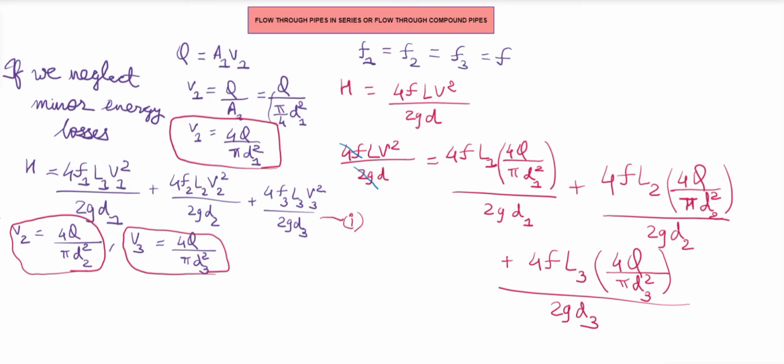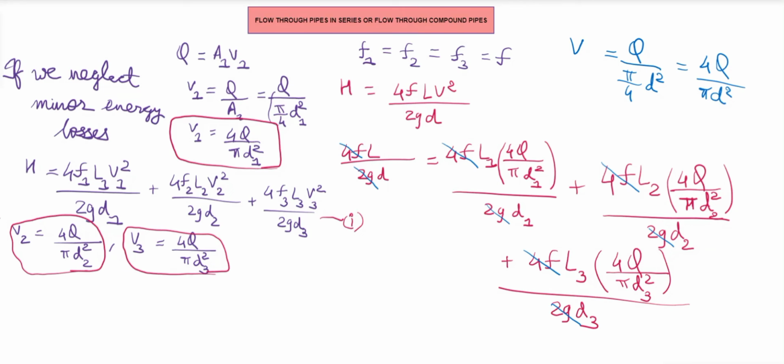Now you can see here that this 4F2G, 4F2G, everywhere it is common, so we can just cancel it. One more thing we'll do is, as I already told, that here instead of this V, we can write it as Q upon pi by 4 D square, which is 4Q upon pi D square.